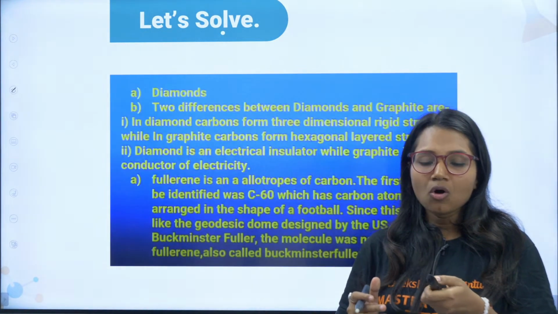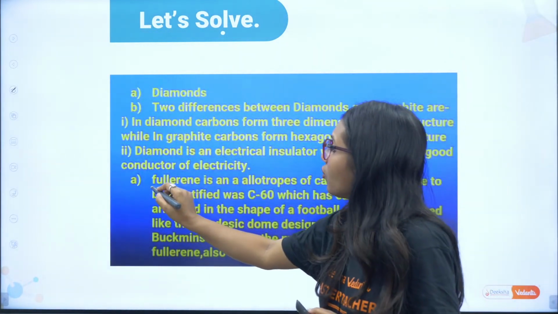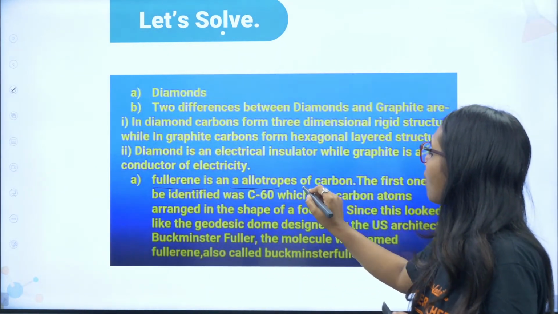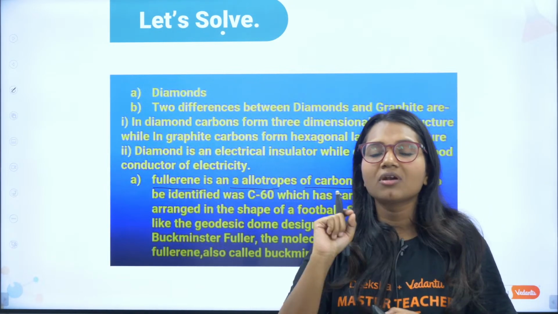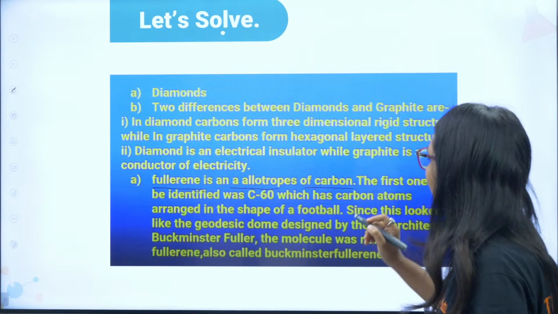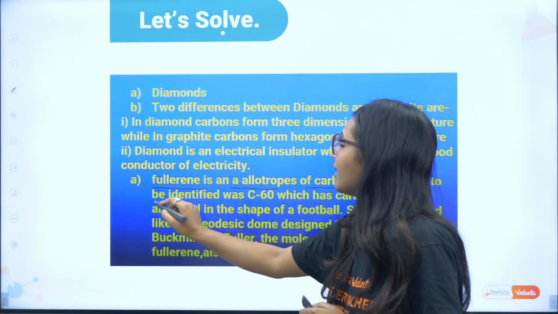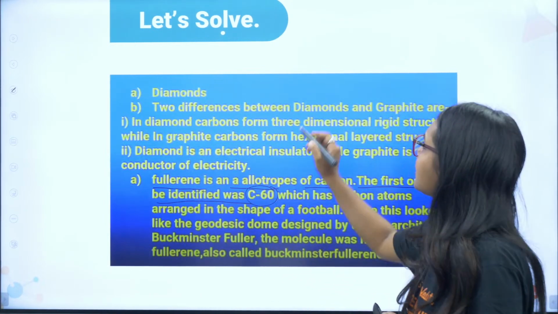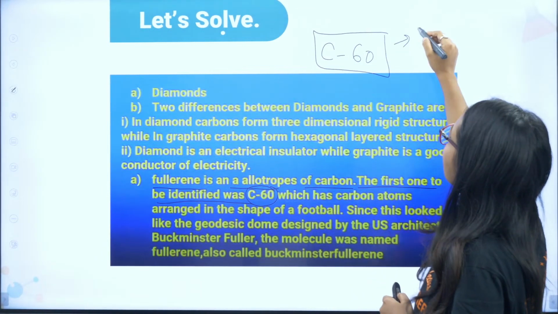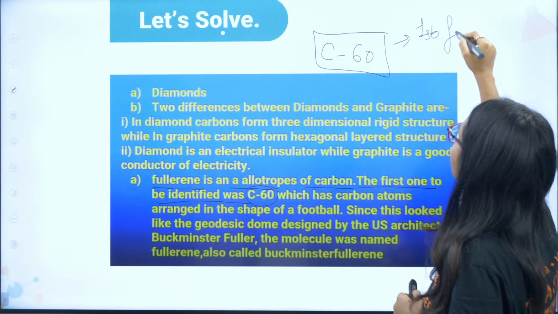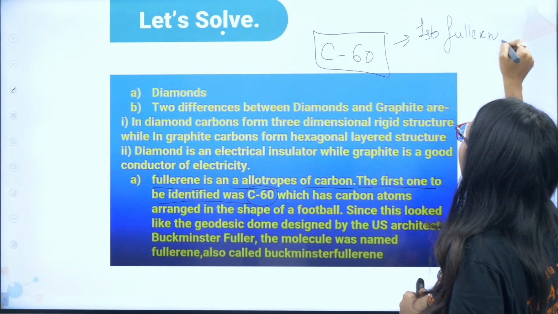Fullerene is an allotrope of carbon. This is a very important line. Correct, Amruta. Fullerene C60. The first one to be identified was C60. C60 was the first fullerene discovered.